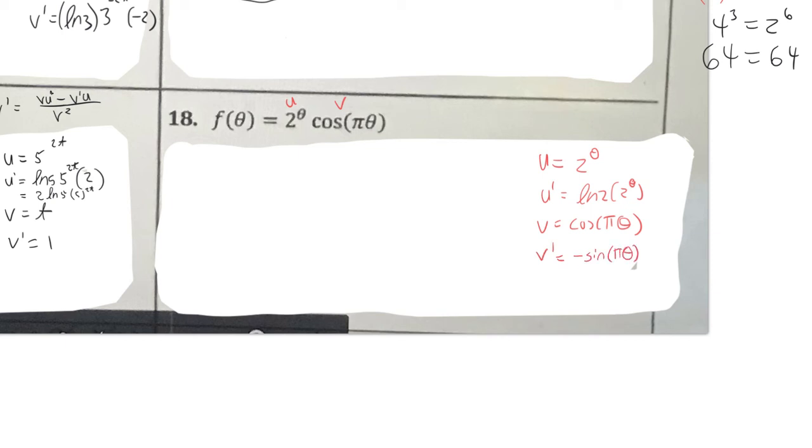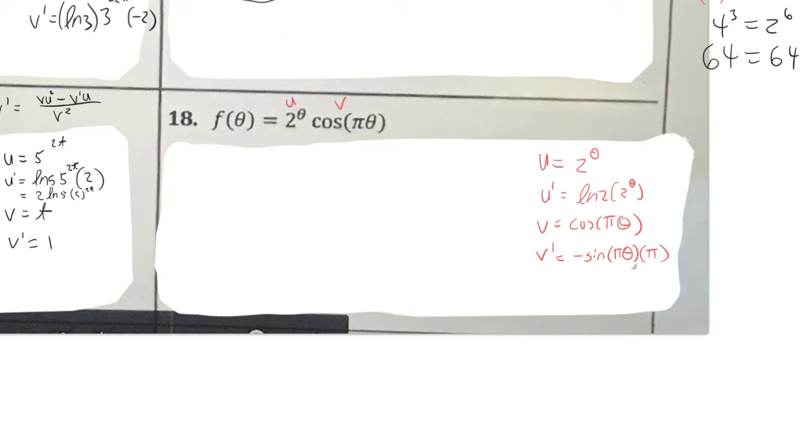But then since it's not just theta in here, it's a little bit more complicated. We have to do the additional step with the chain rule of multiplying this by the derivative of what's inside the parentheses here. So the derivative of pi times theta is literally just pi.